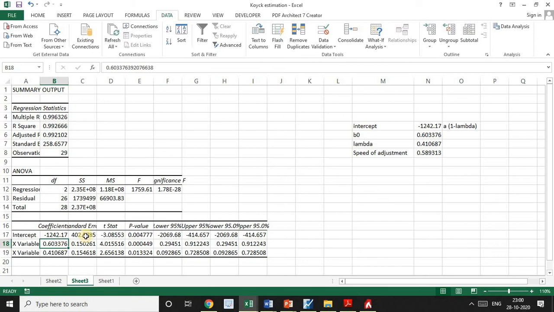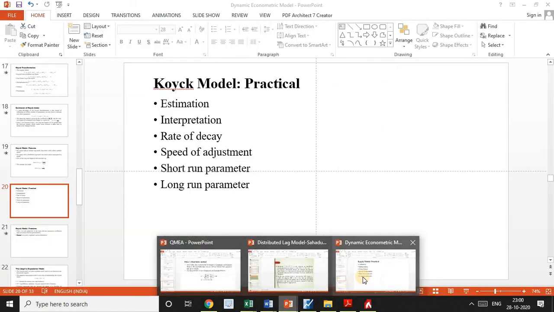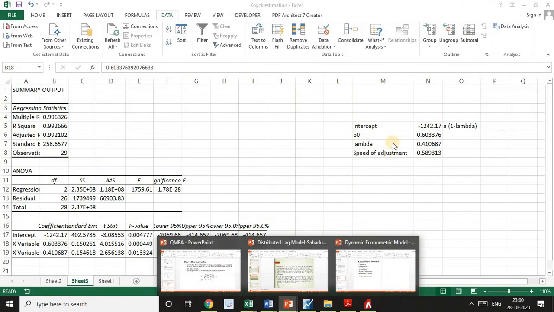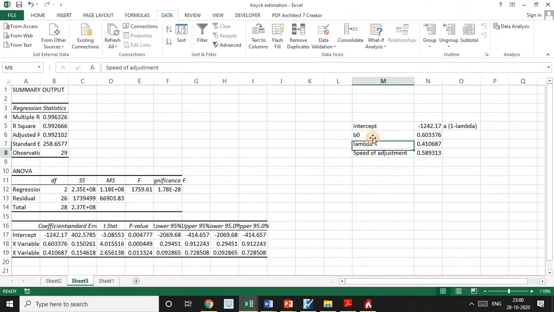Then how can we calculate the long run impact? This is the short run parameter, beta 0. Then the long run parameter is nothing but your beta 0 multiplied by 1 divided by 1 minus lambda, which comes to 1.02.